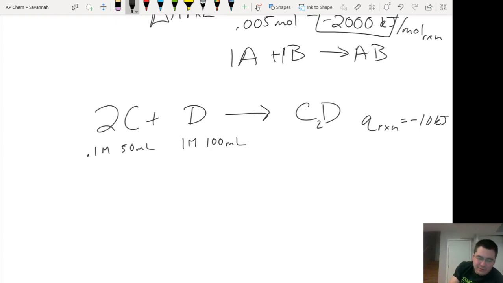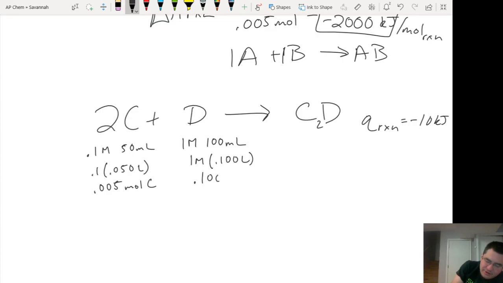So we could first convert these to moles. 0.1 times 0.050 is 0.005 moles. So I have 0.005 moles of C, right? And here I have 1 molar times 0.1 liters, so I get 0.100 moles of D.